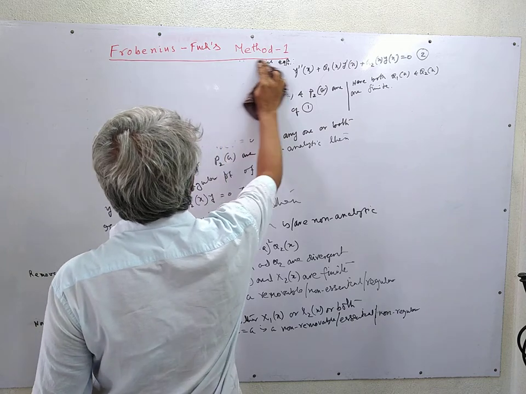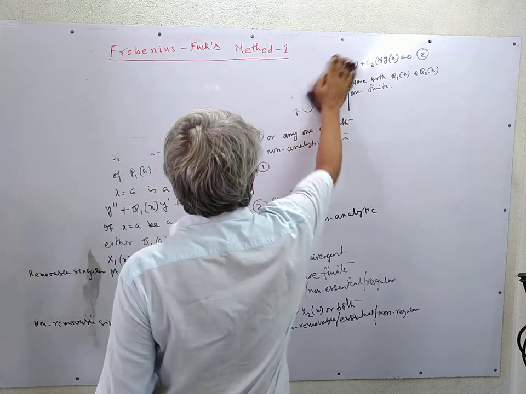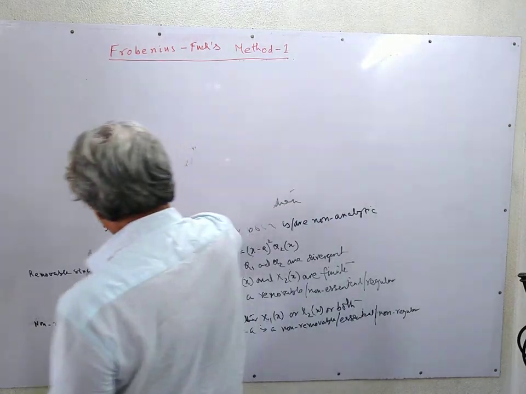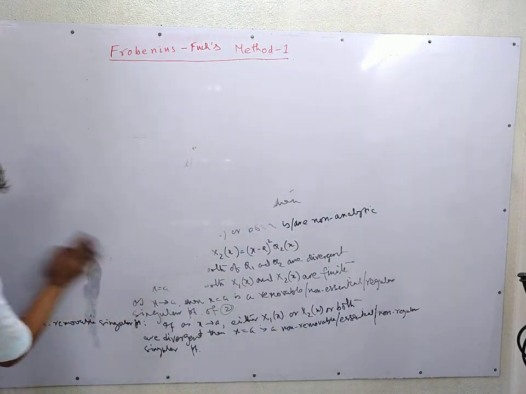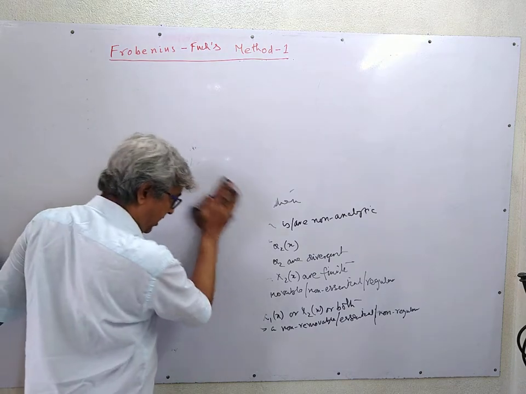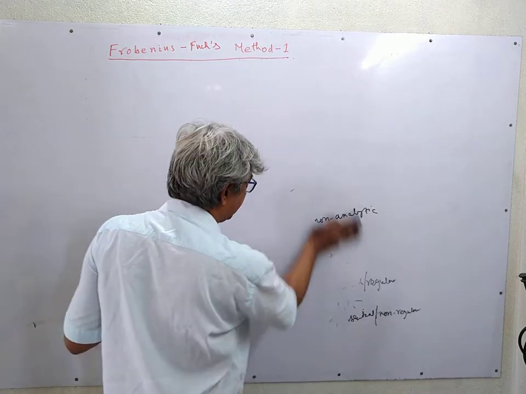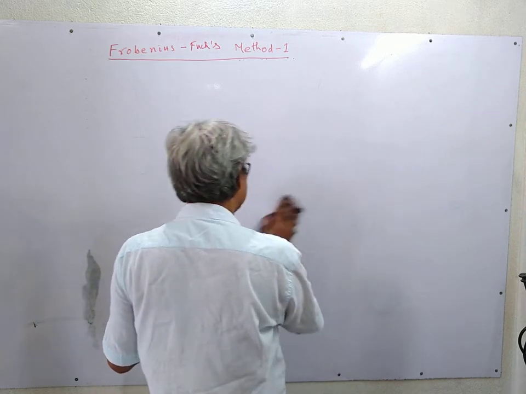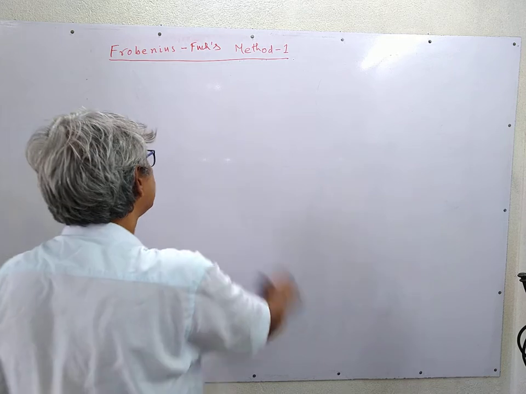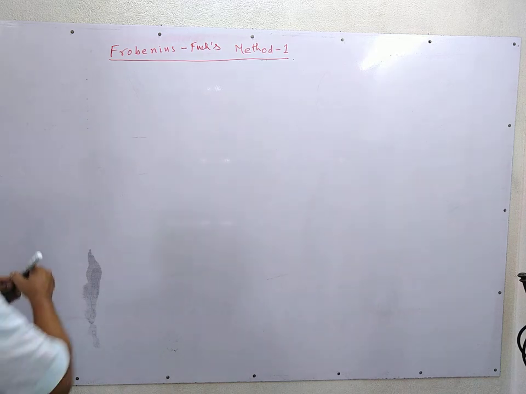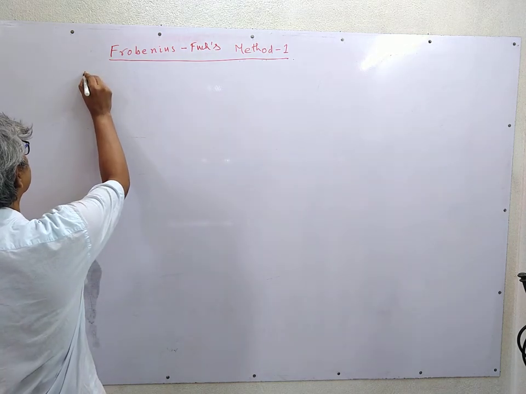This is for your information that if the point under consideration is a regular point, then a simple power series method can lead us to the solution of the differential equation. And if the point is a removable singular point, then a modified version of the power series method can help us to find the solution.